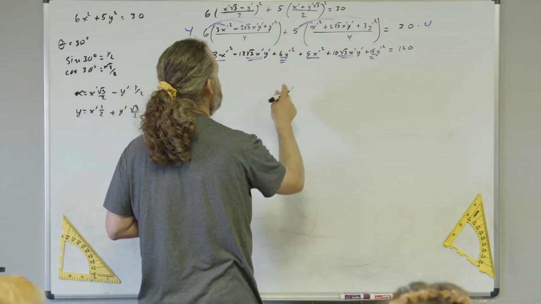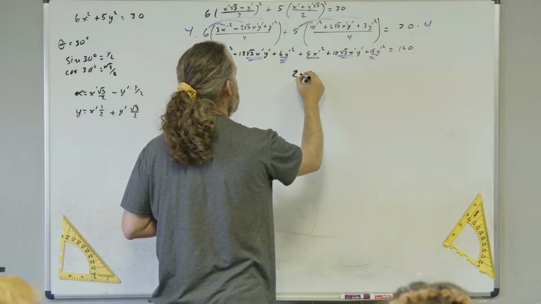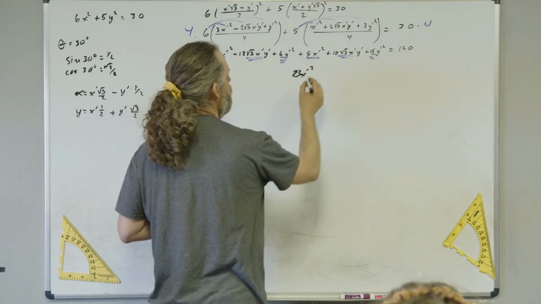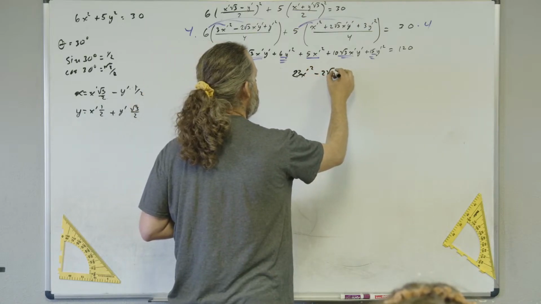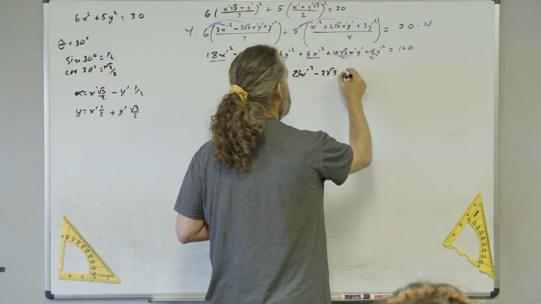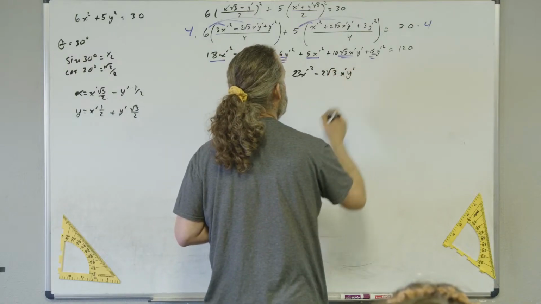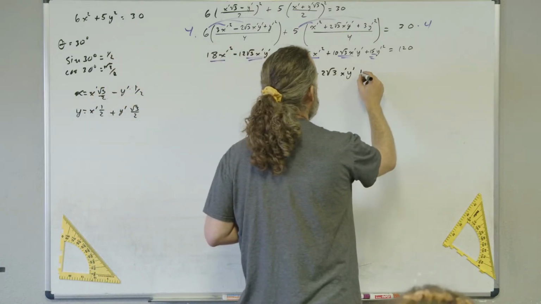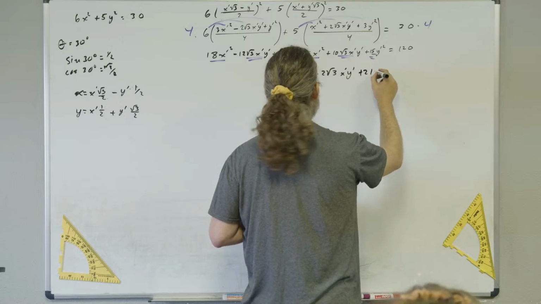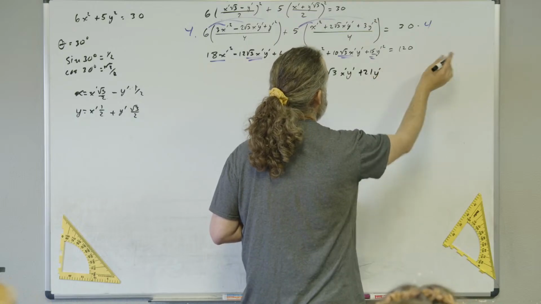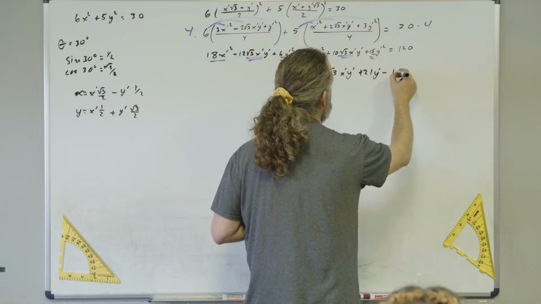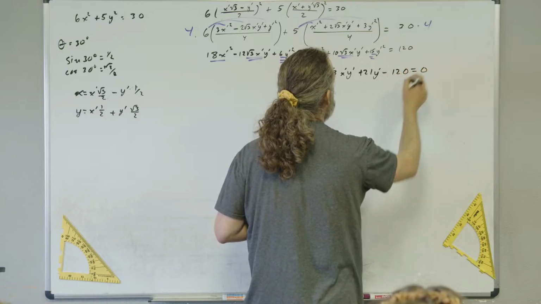I'm looking at 6 instead of 5. 23x prime squared minus 2 square root of 3x prime y prime plus 21. And if we want it to perfectly match the book, which I think the 120 is better off where it is, we would subtract 120 on both sides and get this.